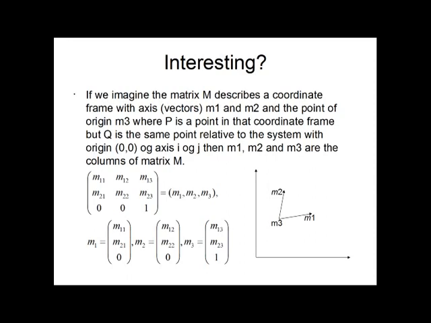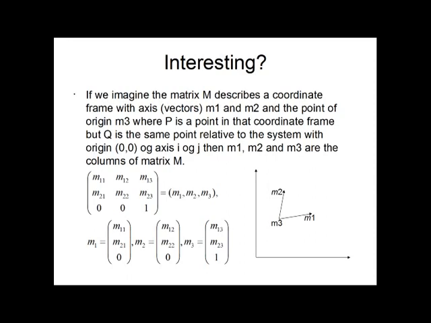And the coordinates that we end up with by starting at M3, then counting x times M1 plus y times M2, the point that we end up with there in the global coordinate frame is the point that multiplying xy1 with the transformation matrix will give us, where the last column is this point of origin.